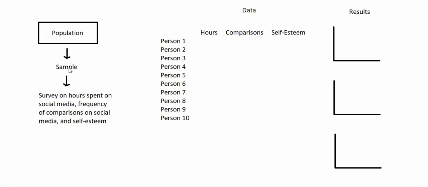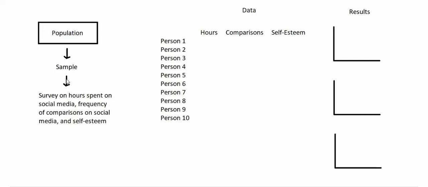So in a correlational study, you could have a random sample or you could have a non-random sample, but what you never have in a correlational study is random assignment because a correlational study is not experimental. Like I said, it's a type of survey research, and there's no need to put people into different conditions. In a correlational study, everyone takes the same survey.